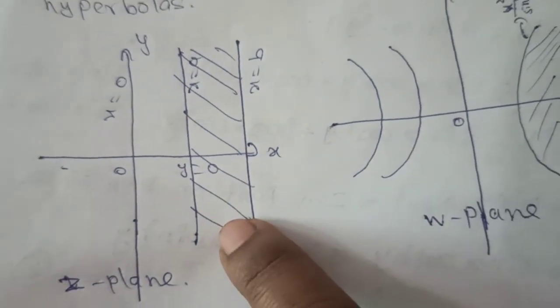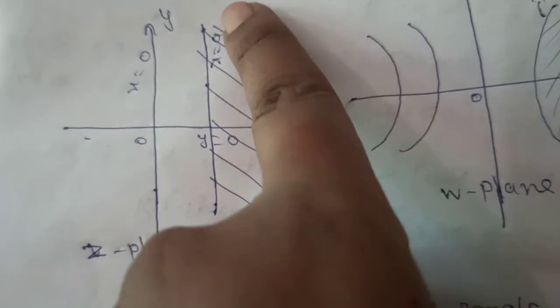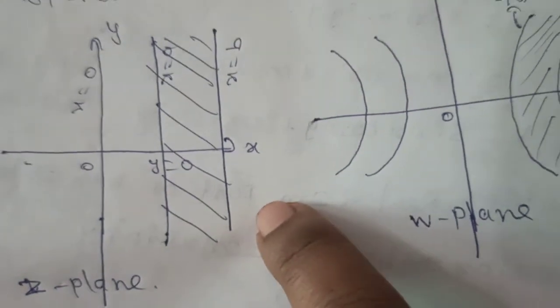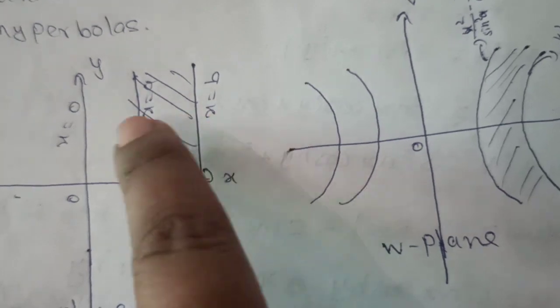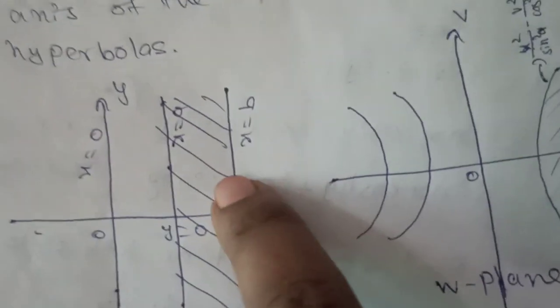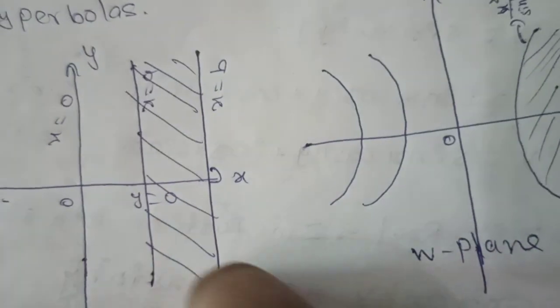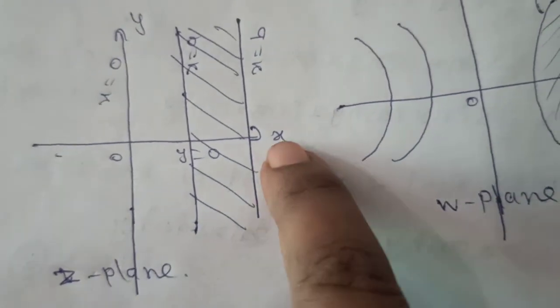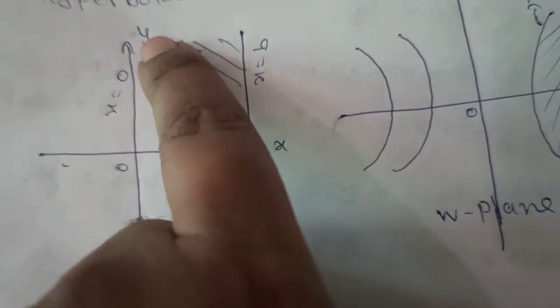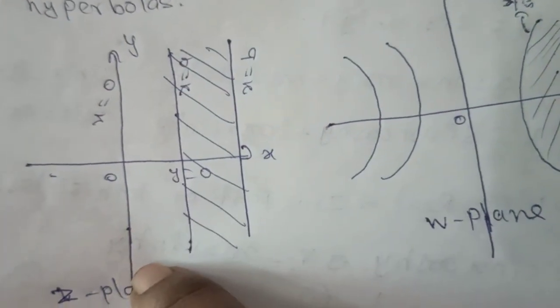First we take the straight line x equal to a, draw one straight line, and another straight line x equal to b, draw the other straight line. These two straight lines intersect at a place, and this place you shade. Okay, so x axis is the real part and y axis is the imaginary part.